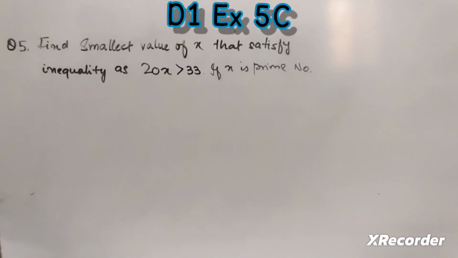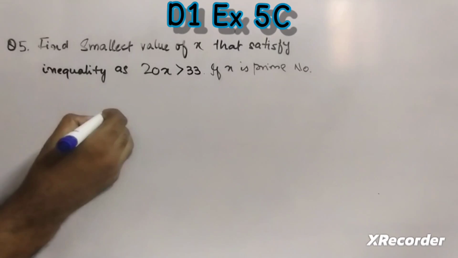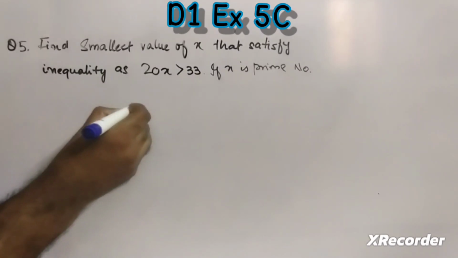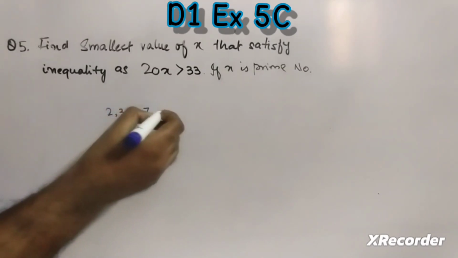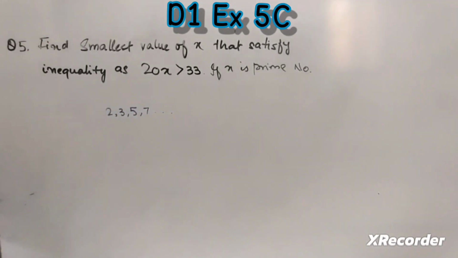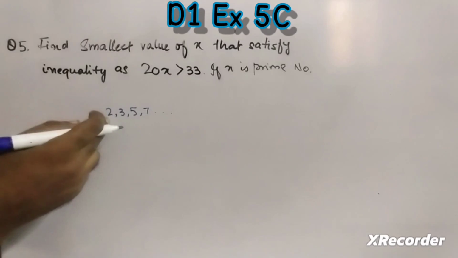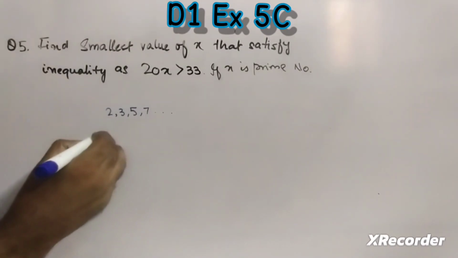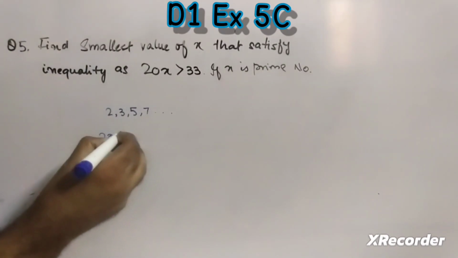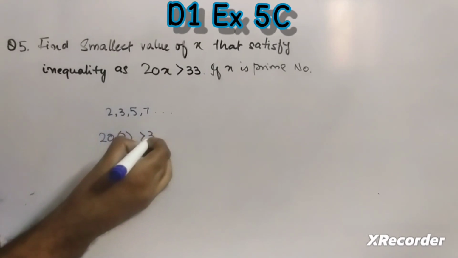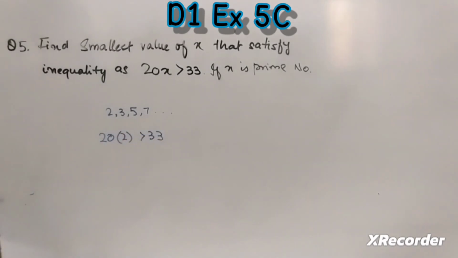Now question number 5. Find the smallest value of x that satisfies the inequality 20x is greater than 33 if x is a prime. So what are the prime numbers? 2, 3, 5, 7, and so on. So if we start putting in the values, like 20 multiplied by 2 is greater than 33, we have to see if this inequality is fulfilled.